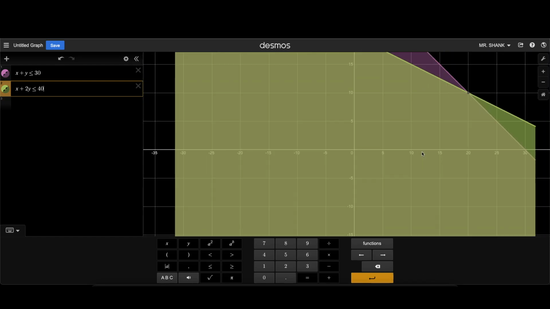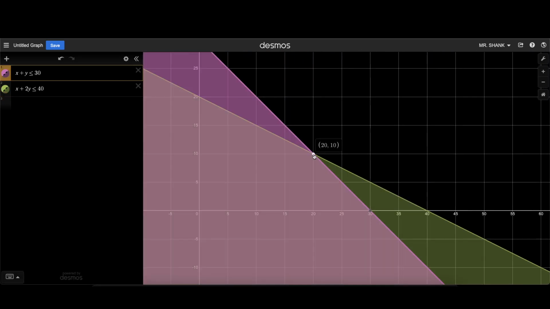And so I can find that max point. Again, that's where they intersect. It's going to be at 20, 10. That means when they make 20 dining chairs and 10 rocking chairs, they're going to have a max profit.